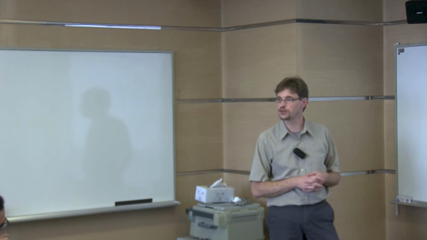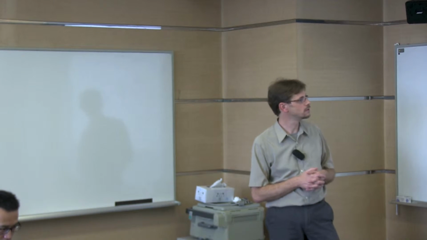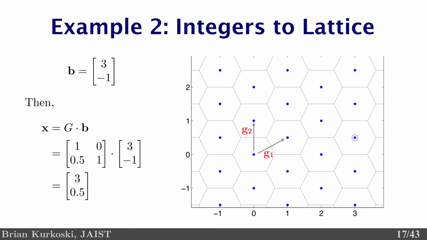Take B equal to 3, minus 1. Then x is equal to G times B. We can perform the multiplication, and we find that x is equal to 3 and 0.5. So that's this point over here, 3 and 0.5.